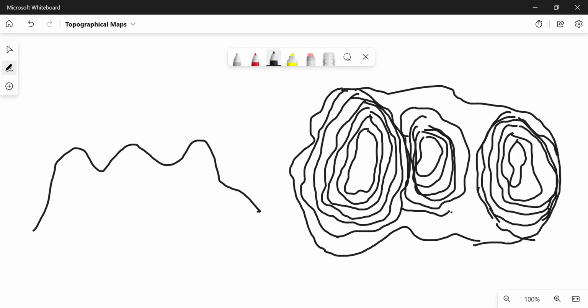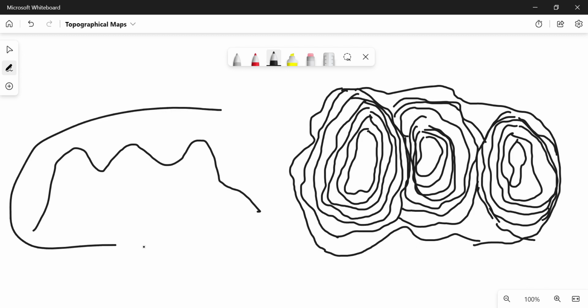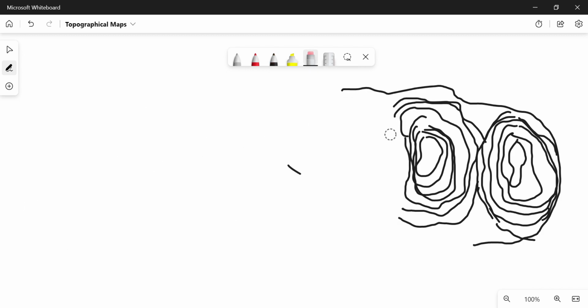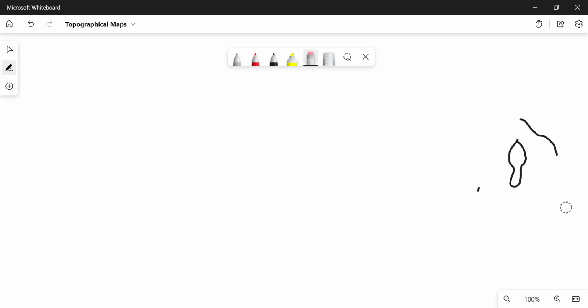Like this. Let's cover all this up. So this is how you make a ridge, three mountains together. I hope you understood this as well.